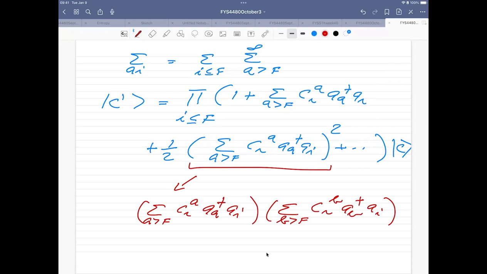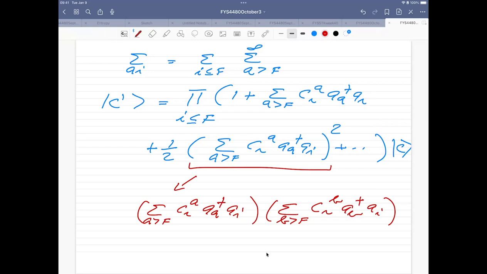But the I which you have here is fixed, because I've been using the product rule. So that means that I is always fixed here. So when I square this one, the I which I have here is going to be the same as this one. If we write this out, we have to keep in mind that this is going to act on the reference state.